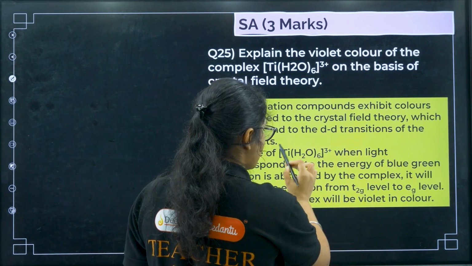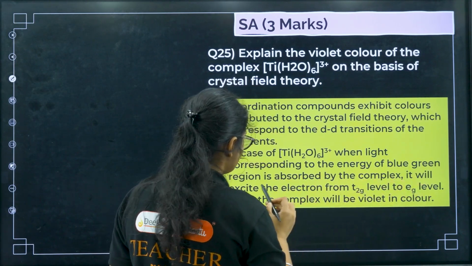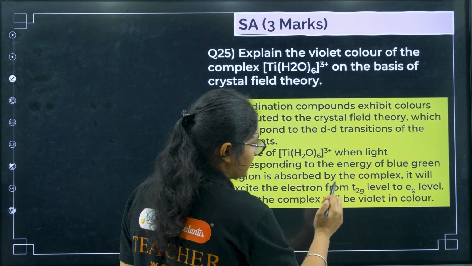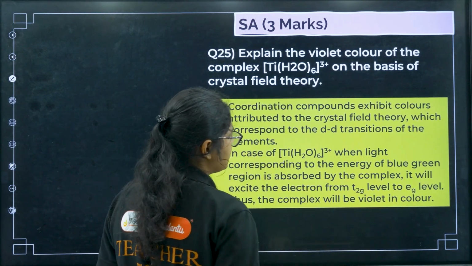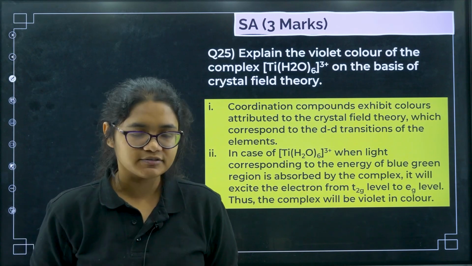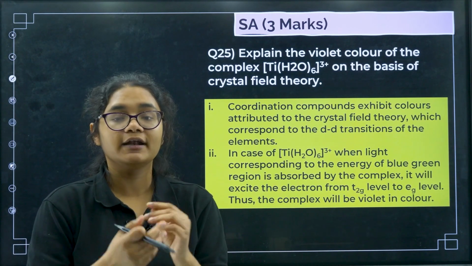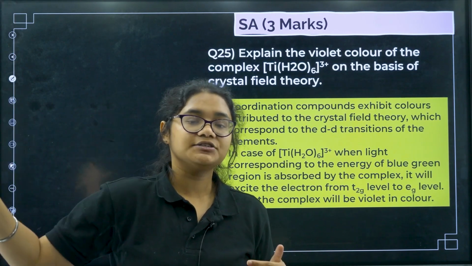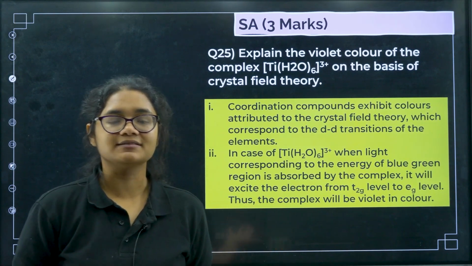In the case of Ti(H2O)6, when light corresponding to the energy of the blue-green region is absorbed by the complex, it excites the electron from the t2g level to the eg level, thus the complex will be violet in color. So it absorbs blue-green color and the color that is released, the emission, has violet wavelength, so that is why it is visible as violet.